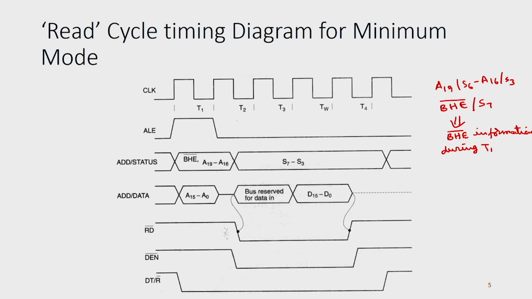So, there are 2 more signals called read bar, DEN bar, and DT by R bar. In order to read data from external devices, the microprocessor can read the data from an external device such as a transceiver. There is one device called 8286, which is a transceiver. A transceiver is the combination of transmitter and receiver.